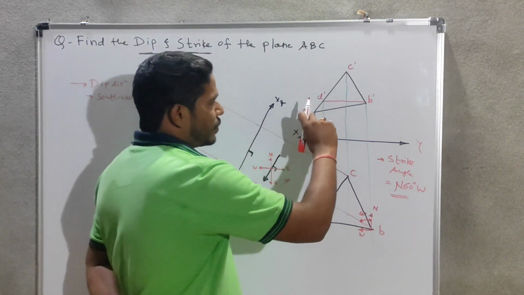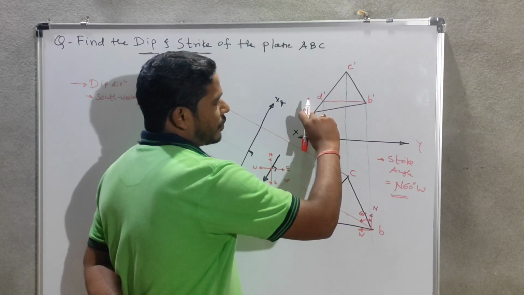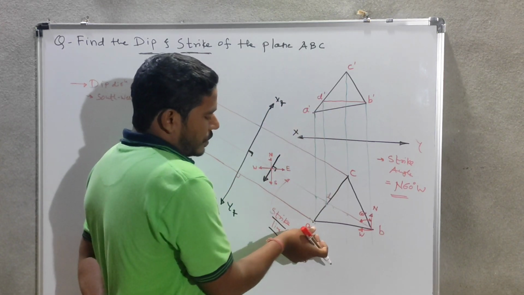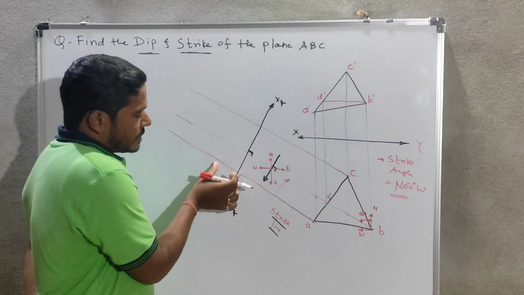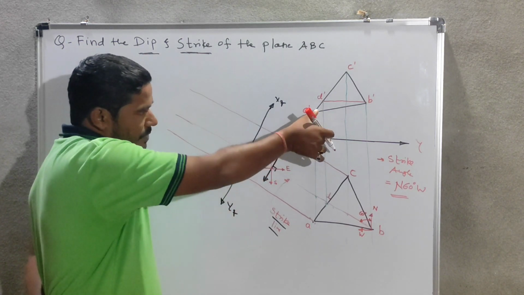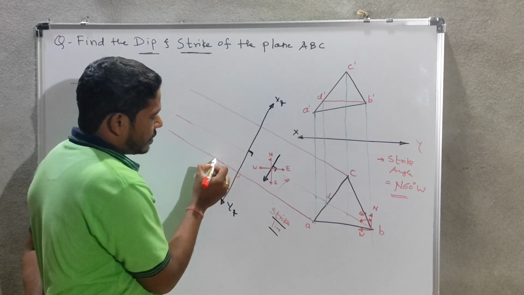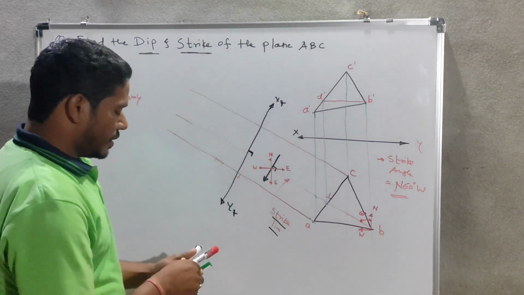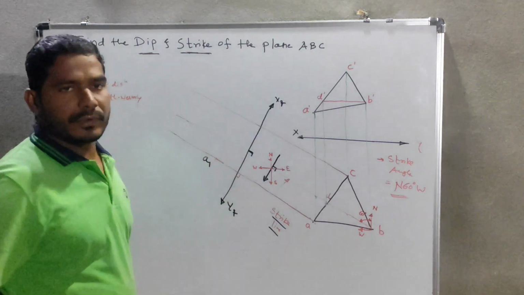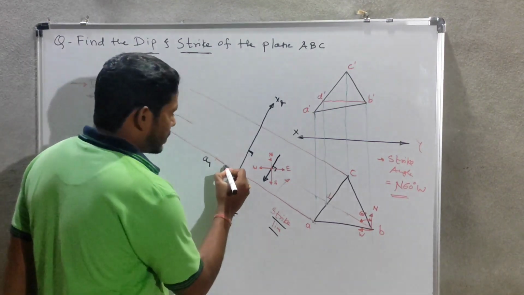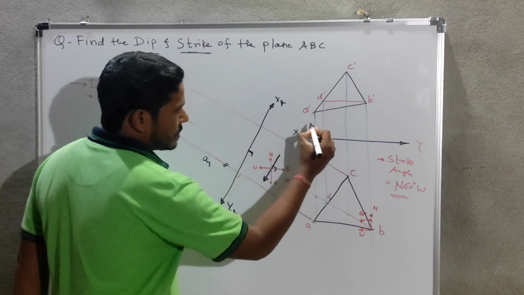You have to take this much distance with the compass from this xy, and on the projector of A, from the reference axis x1 y1, we have to mark this much distance here. So we will get the point A1. We mark the other points similarly.